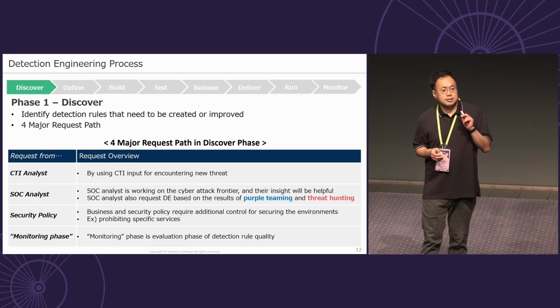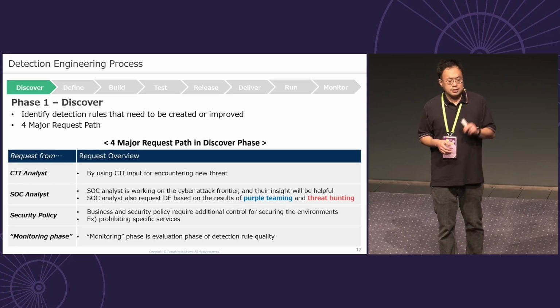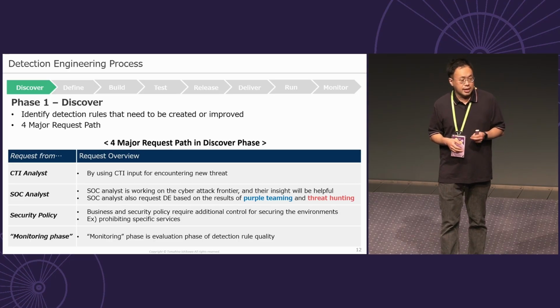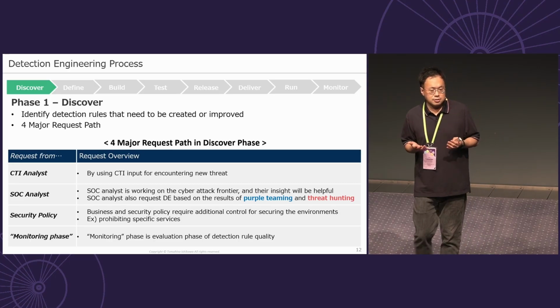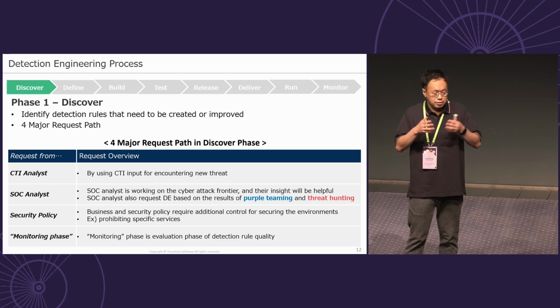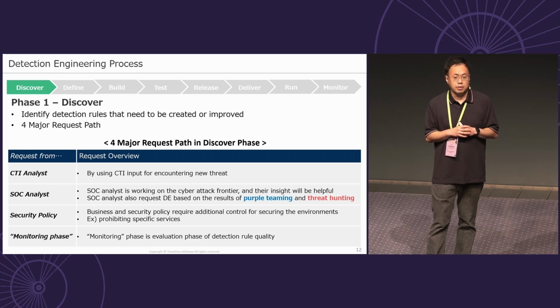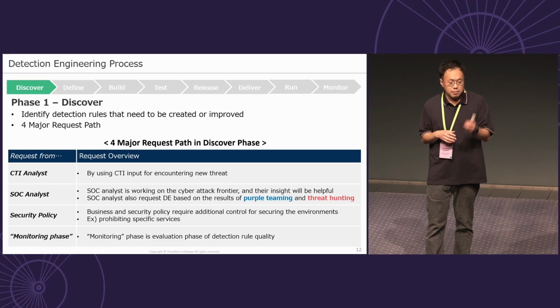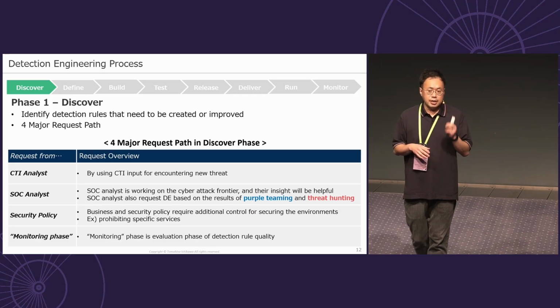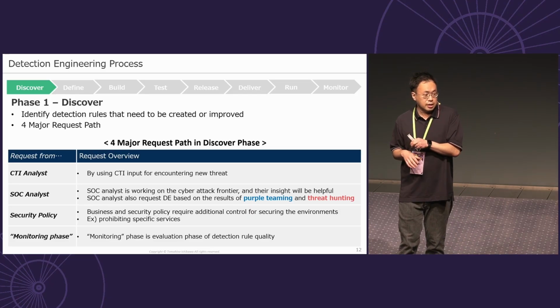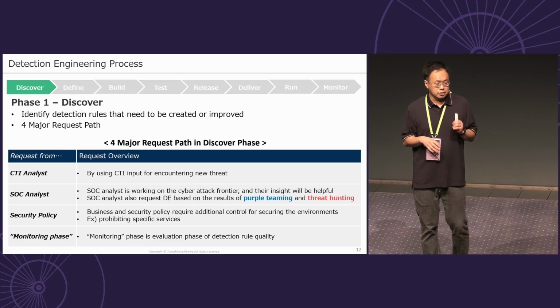Thirdly, security policy. Security policy is basically based on business requirements or security requirements. We have additional controls for the security environment. For example, we'd like to prohibit some specific services in the company because of corporate policy. This is another path.